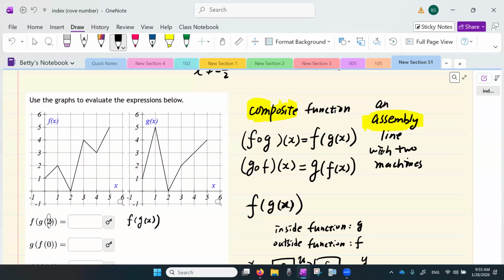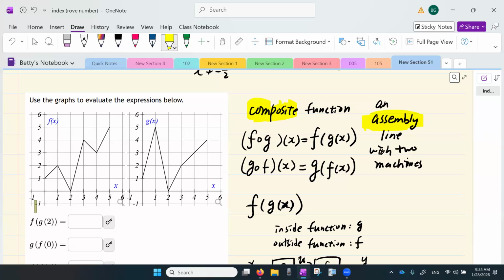The input is in the parentheses, the inner layer parentheses. So this notation represents the output of this composite function when the input is 2. Are you able to see?